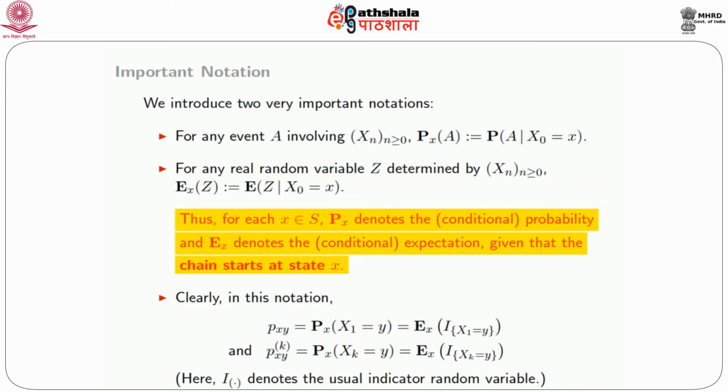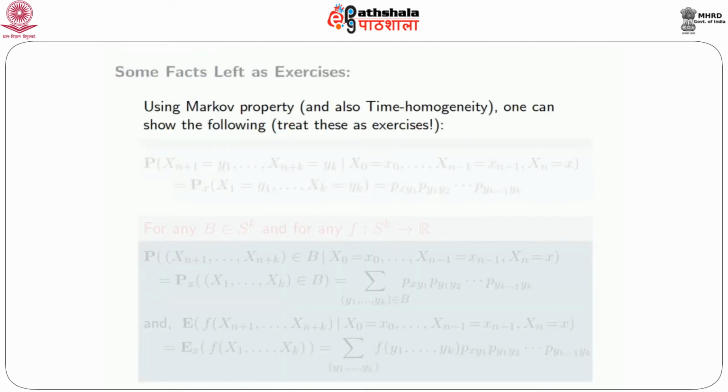Now, here are some facts which I leave as exercises. You should try these exercises. Basically, using the Markov property and also time homogeneity, one can show all these things. So I want you to treat these as exercises. This is the first one.